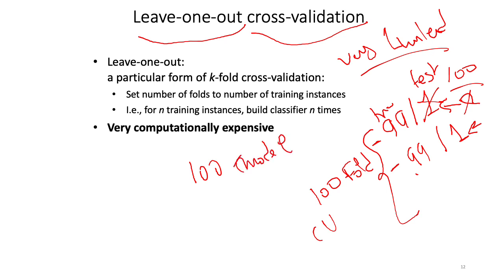Again, you're going to end up with 100 different accuracies that you will average at the end. So you will have to create as many models as the amount of data you have, but again, it's only used when you have a very, very limited data set, just a very small amount of data. That's when you use leave one out cross-validation.